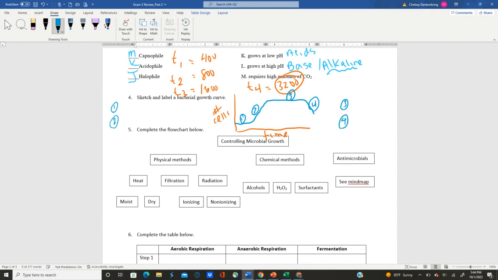Okay, just because I'm short on space, I didn't write the name. I kind of numbered them.